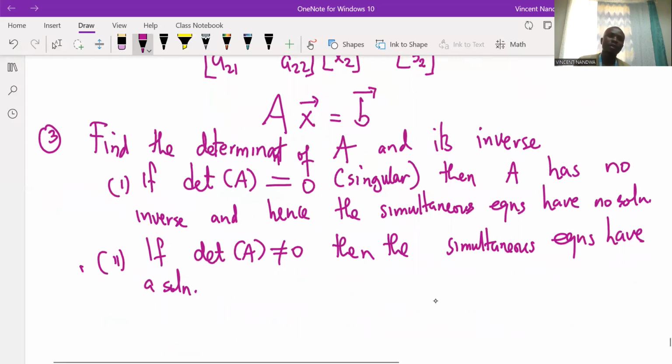So in case this applies, then you go to number 4, pre-multiply.